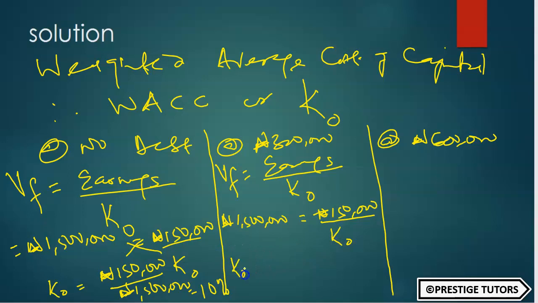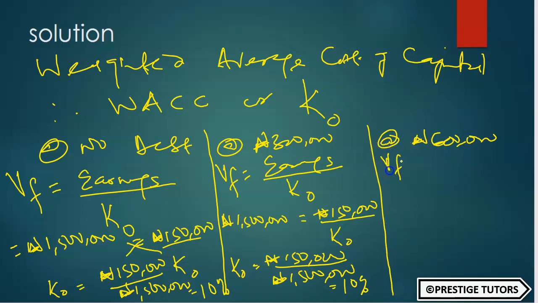Now, if you go through this, you see that we still have the same cost of fund to the organization. Our KO or WACC will still be 10%.